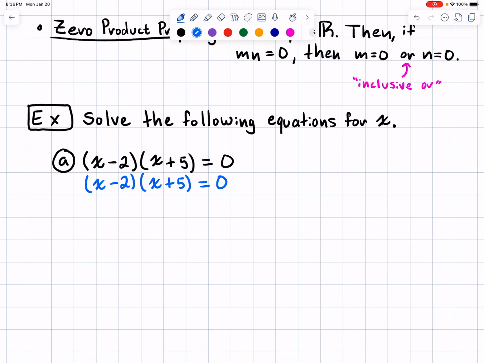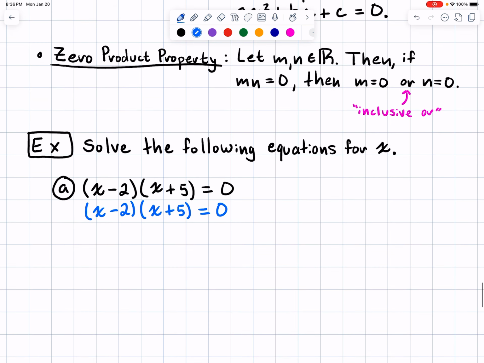Now if we remember our zero product property, if I have two things that are being multiplied together and they equal 0, that means one of them must be equal to 0, which means that x minus 2 equals 0 or x plus 5 equals 0. And now we're going to want to solve for both of these linear equations.